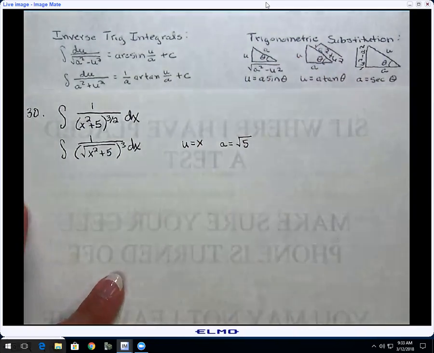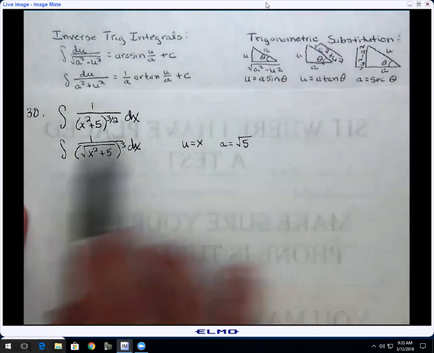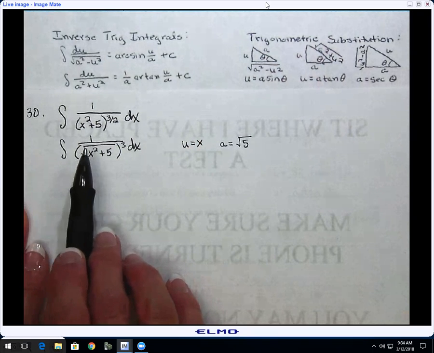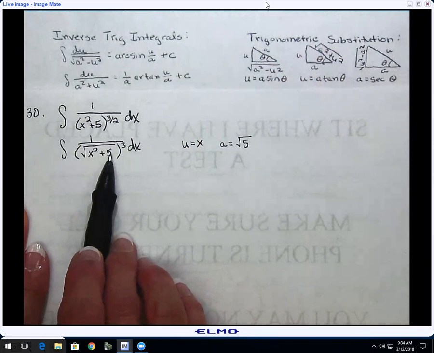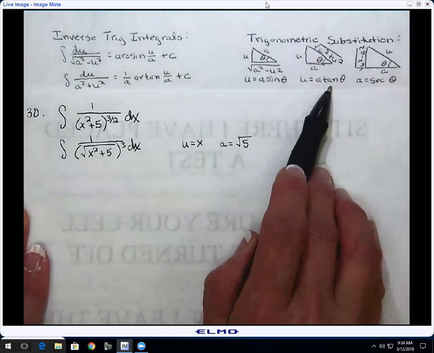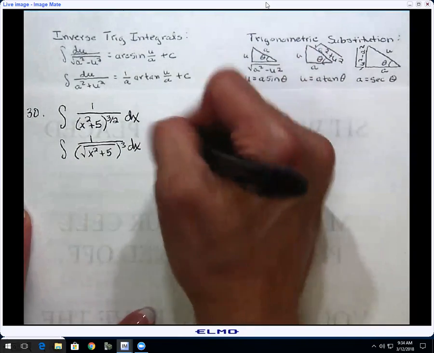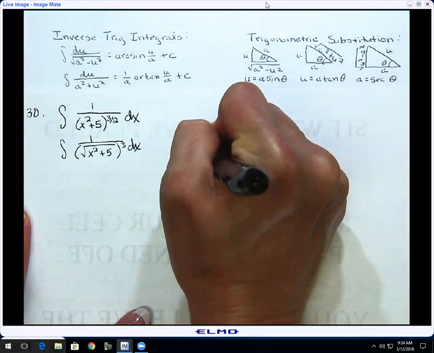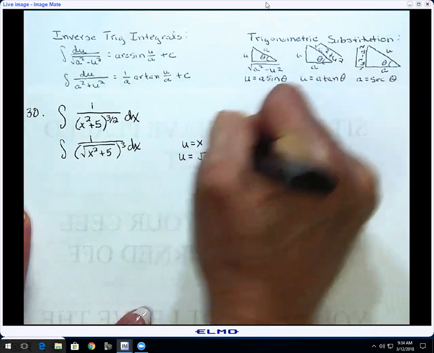All right. Looking at my triangles, which one involves the square root of a u squared plus an a squared? This one. So u equals a, which is square root of 5, tangent theta.